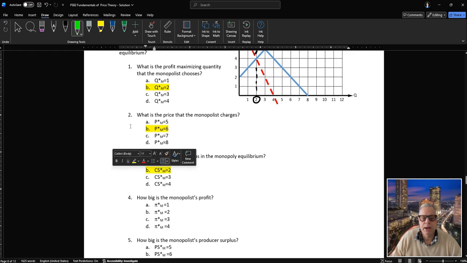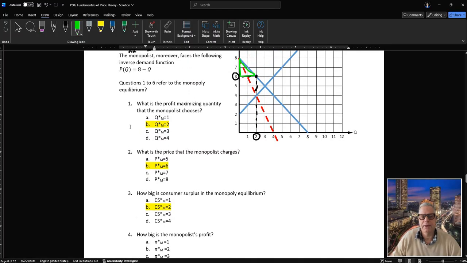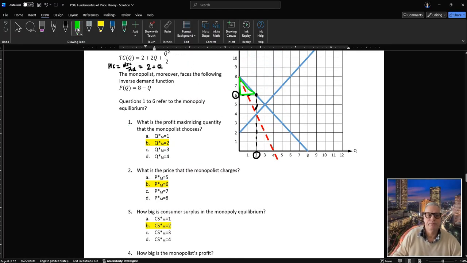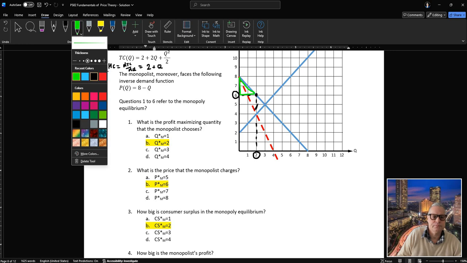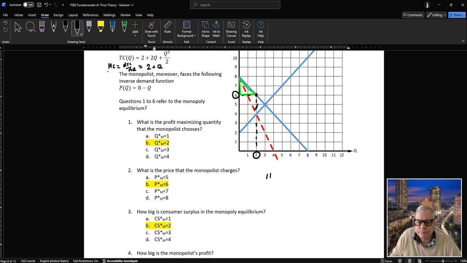How big is the monopolist's profit? Okay, so profit is defined as total revenue minus total cost.